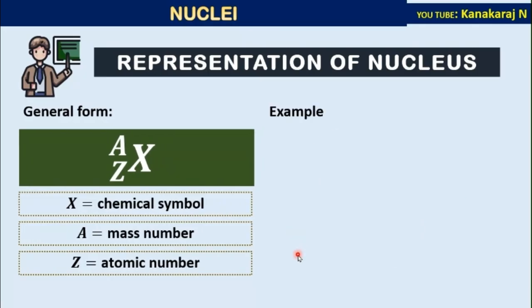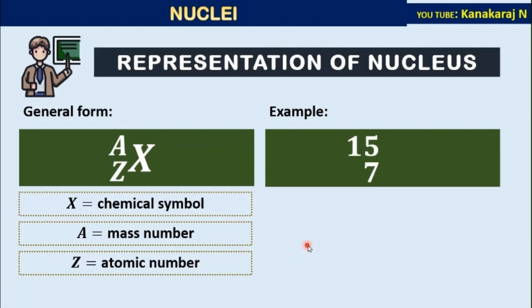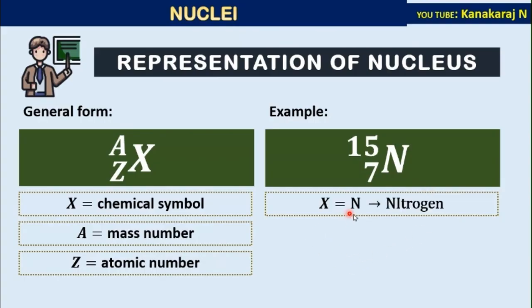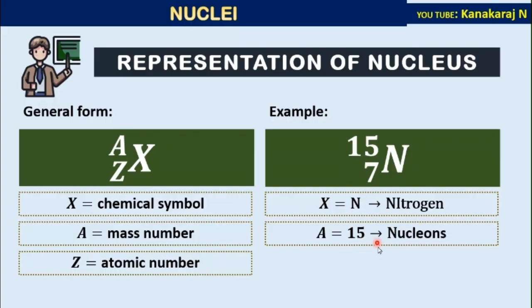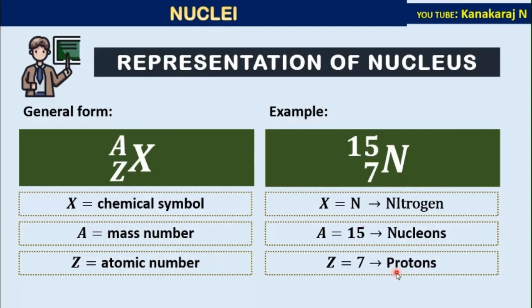Now, let us go with an example. Here we have nitrogen 7, 15. X is N, which is the nitrogen. A is 15, there are 15 nucleons. Z is 7. It gives you the number of protons.